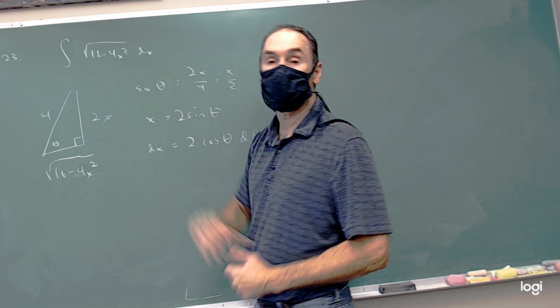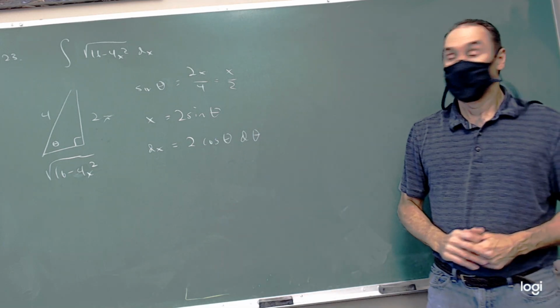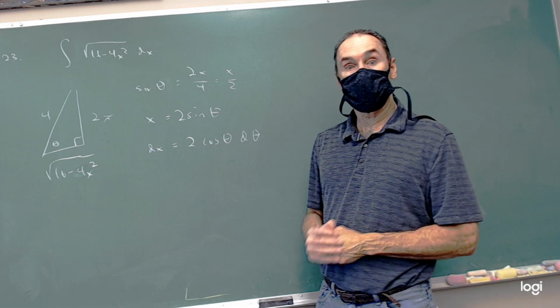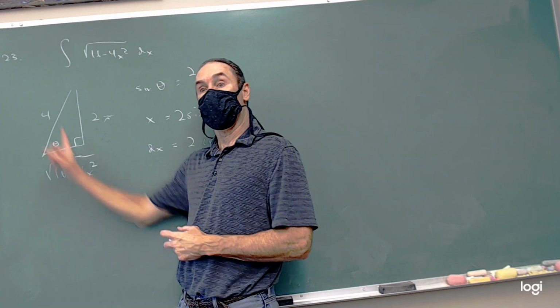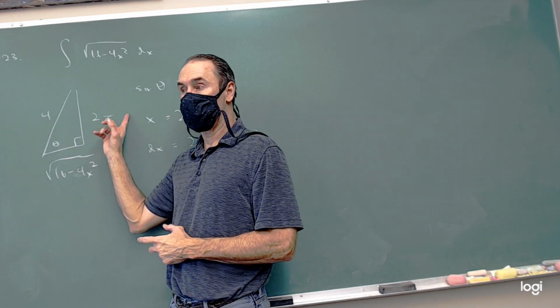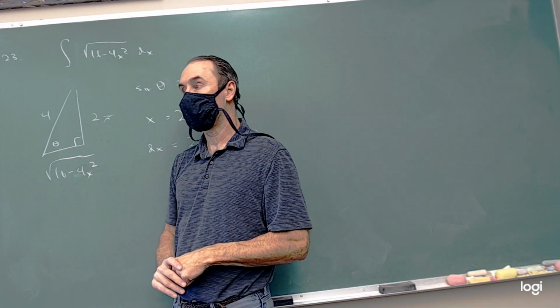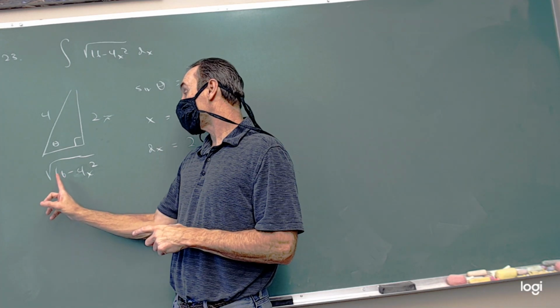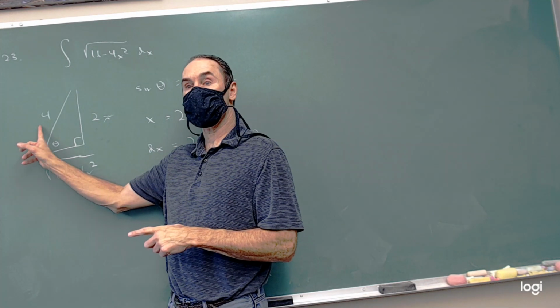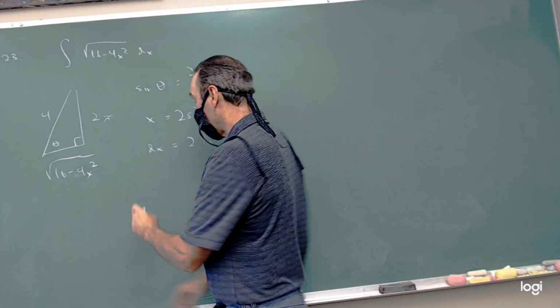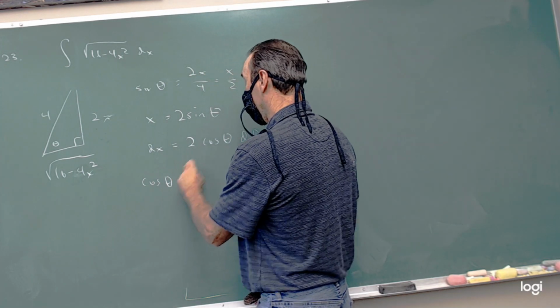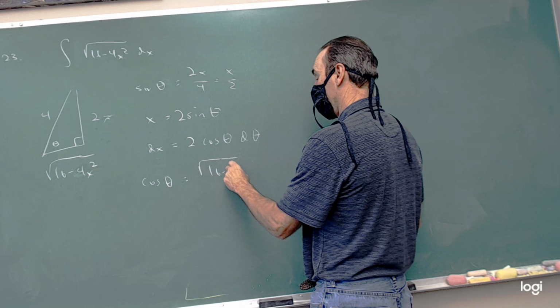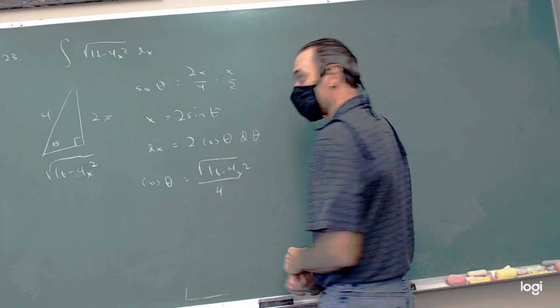I need something for the radical. So I'm going back to the triangle, and I want to get the radical paired up with a constant, not the x, because then it's going to make it a mess. The trig function that connects the radical with the constant is a cosine. So cosine of theta is the radical over the constant.